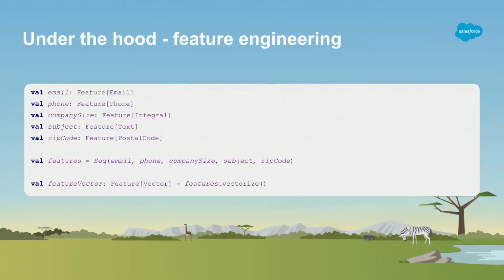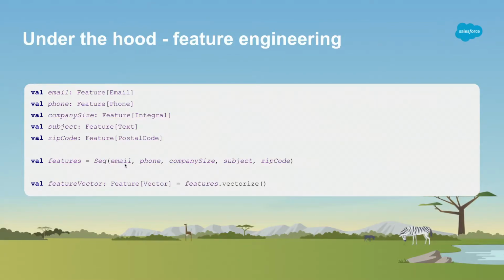And to do our feature engineering, we're also providing lots of types that we have created. For example, we created types like email, phone, and also generic types like integral and text. And the feature engineering is done with this magic function you can see at the end. It's called vectorize.